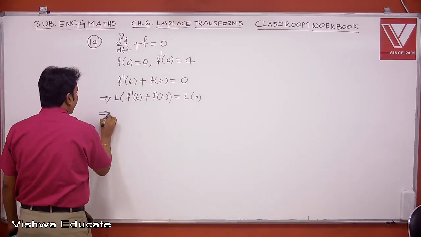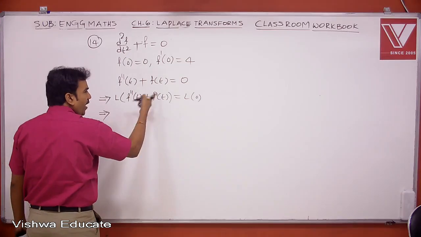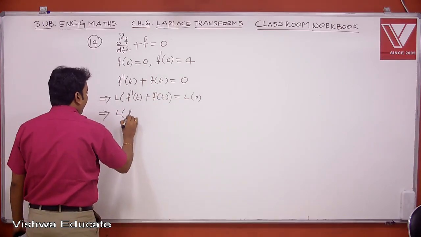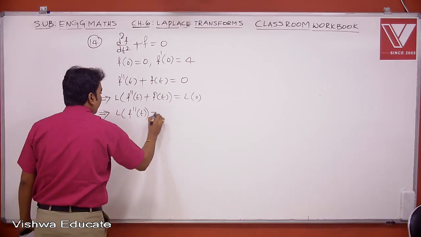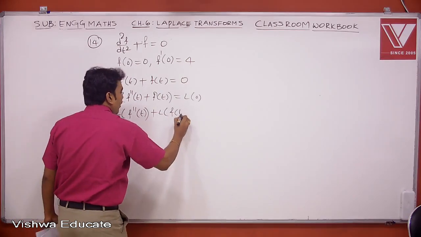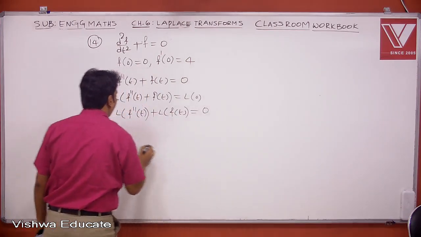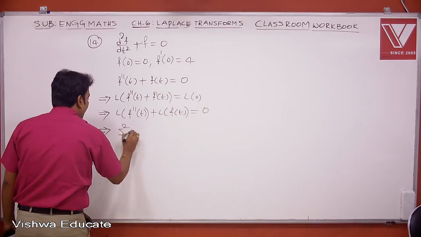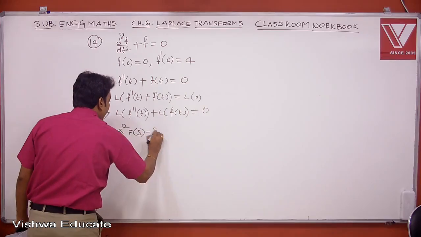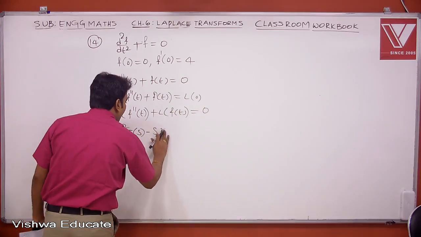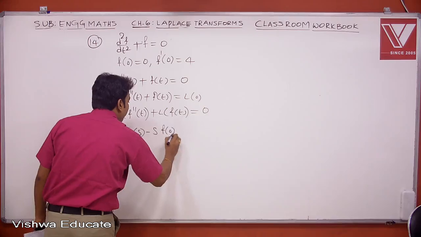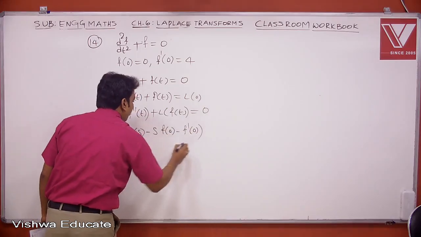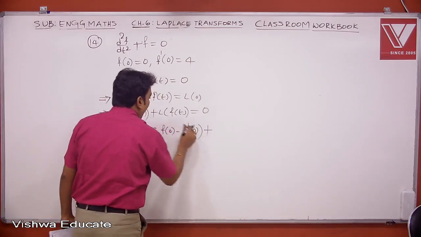Now we can apply linear property because we have plus or minus symbol. So we have Laplace of f double dash of t plus Laplace of f of t. Laplace of 0 is 0. So here Laplace of f double dash is s square into F of s minus s into small f of 0 minus f dash of 0 plus Laplace of f of t.